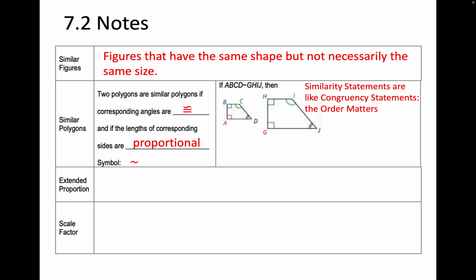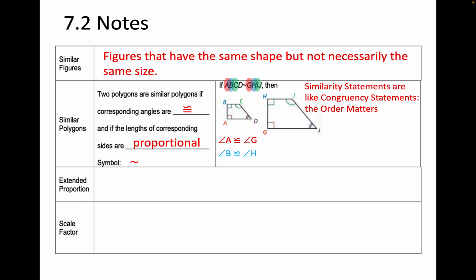Well, that means that A is congruent to G. Also, like congruency statements, the order matters. So A and G are both in the same place, and I can see on my diagram that they're both right angles. So in this case, A is going to be congruent to G. My second part of my statement is B and H. Those are in the corresponding places, so they must be congruent.